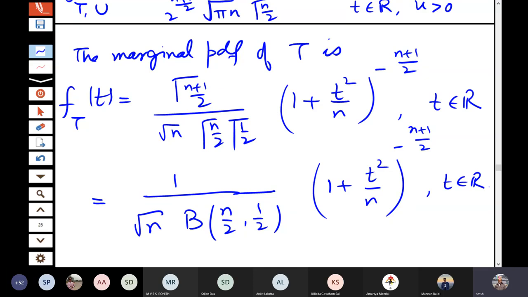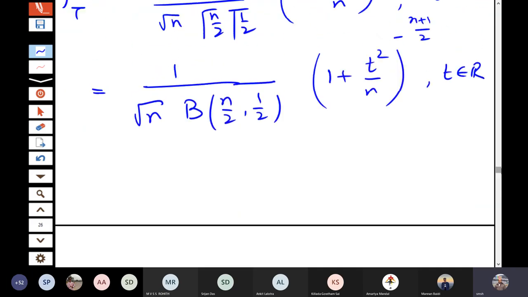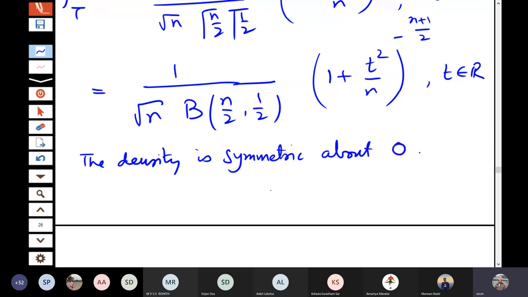So in principle it is quite similar to the normal distribution, but of course when you have the exact sampling distribution, it is slightly different, but it is symmetric about 0. So you can see the density is symmetric about 0.